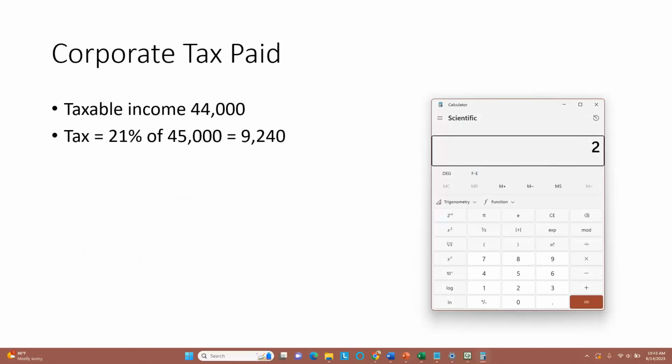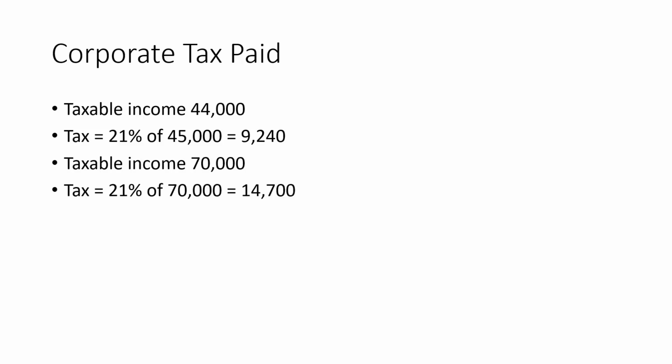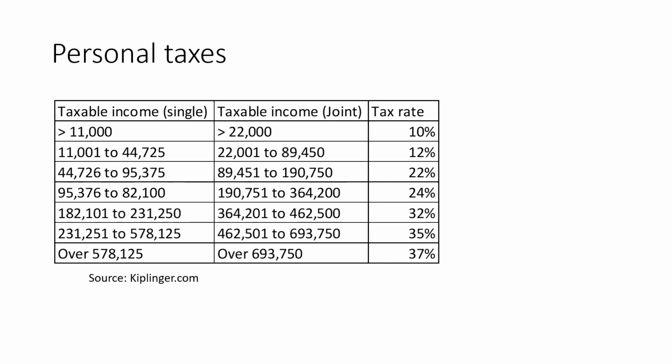So 0.21 times 44,000 is 9240. There we go. So $9240 is 21% of $44,000. Now, if the taxable income was 70,000, then it's just 21% of 70,000, or 14,700.